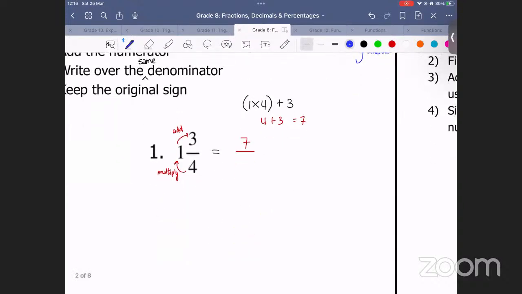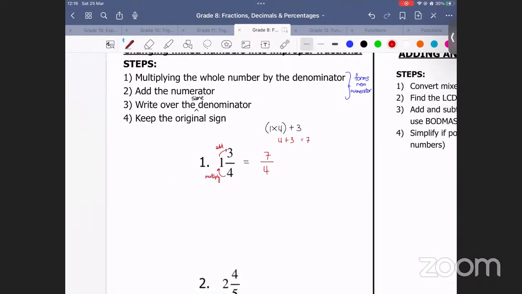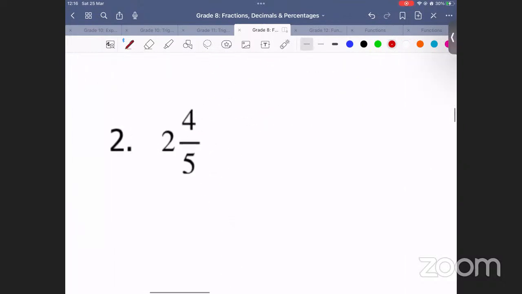So it becomes 7, and you keep the denominator the same, over 4. Let's do this example. This is multiply, this is add. So you're going to say 2 times 5 plus 4. You can write it out if you want, you don't have to. 2 times 5 plus 4, over the same denominator, which is 5. So it's 10 plus 4, which is 14 over 5.